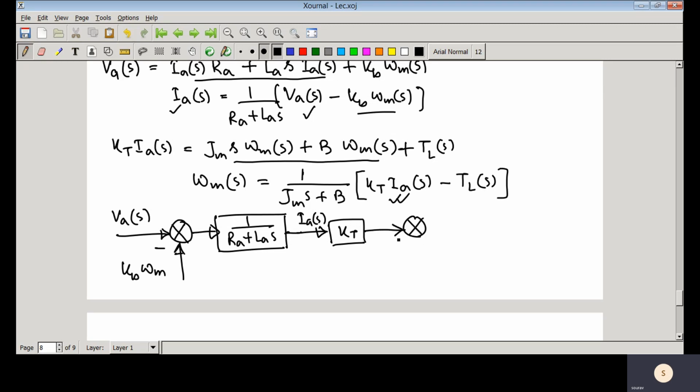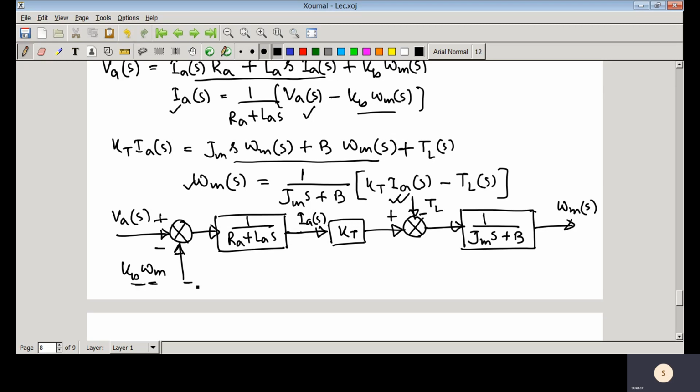Now you have another summer here, where you put one external signal, TL, which acts as a disturbance. Then if you divide this by 1 by JMS plus B, the output you get is speed. And here you can see KB into omega M, so in the feedback you have KB, and this is the feedback path.